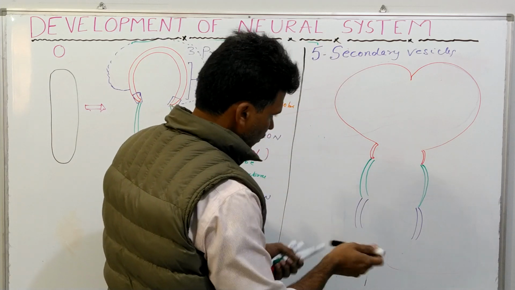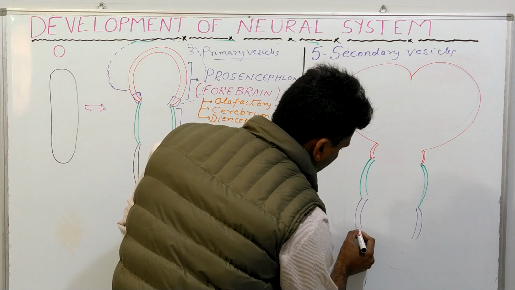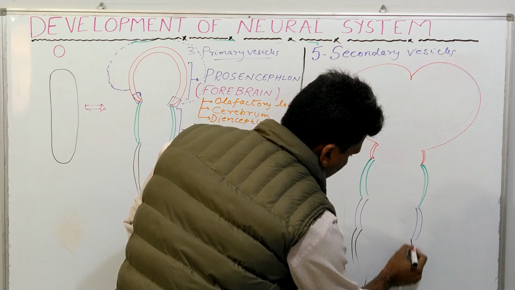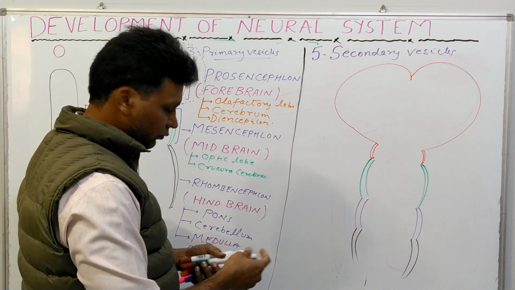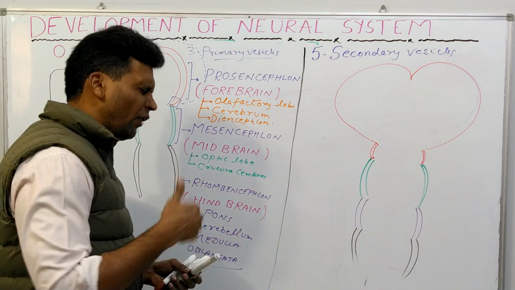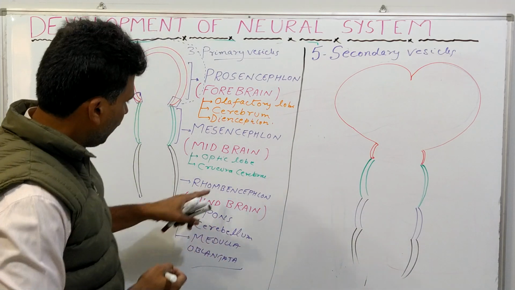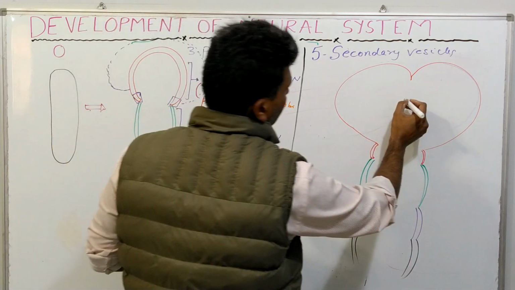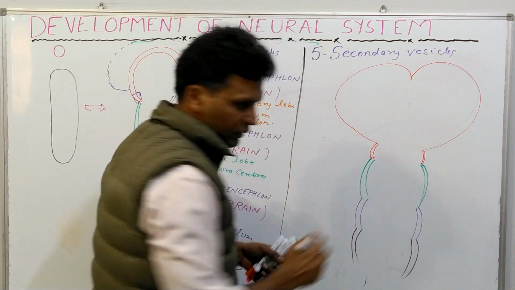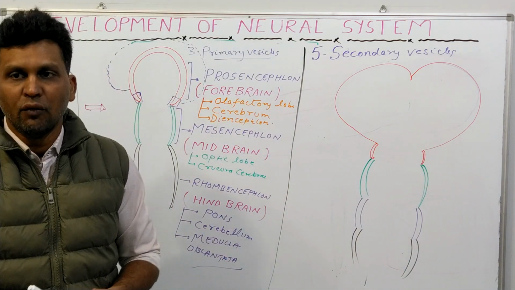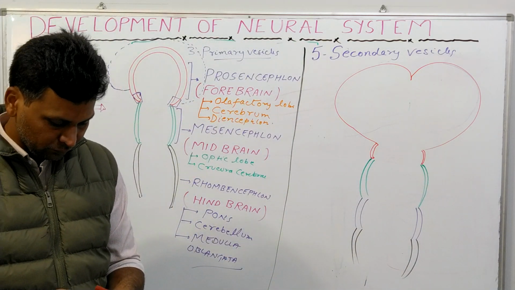And so this is your 5 vesicles: 1, 2, 3, 4, 5. These are the secondary 5 vesicles.